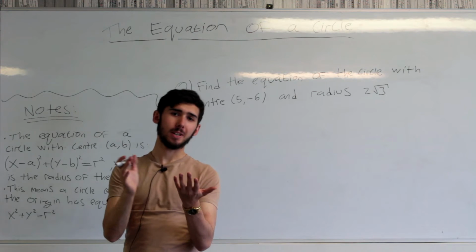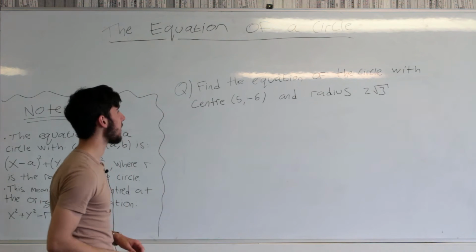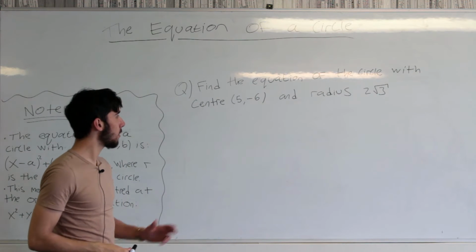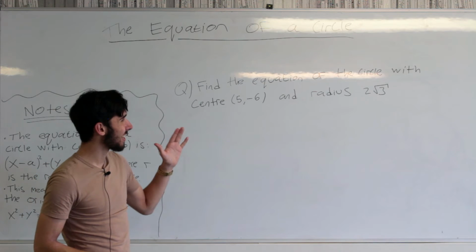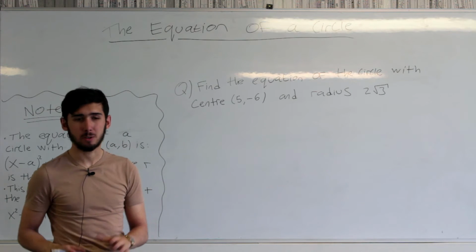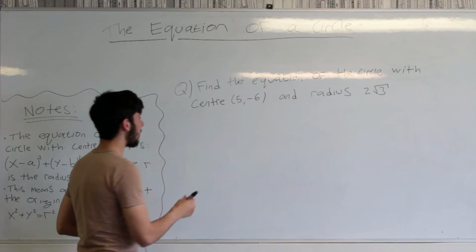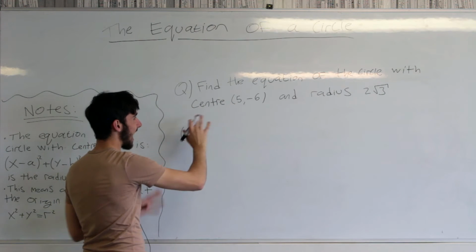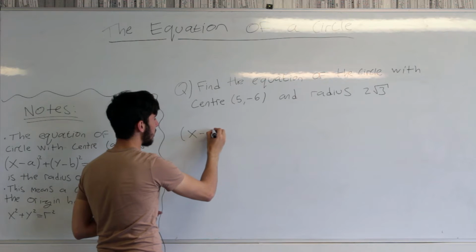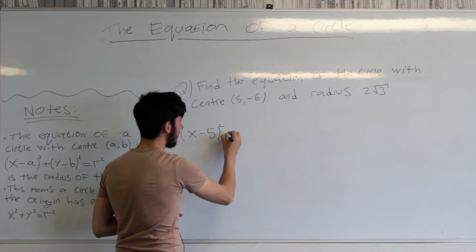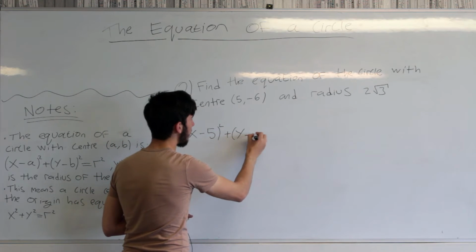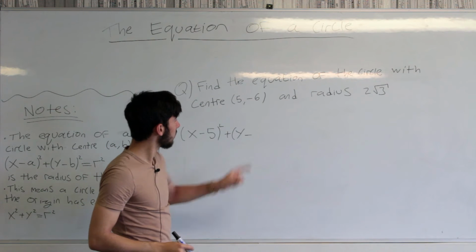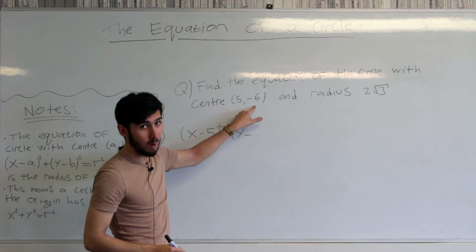Okay guys, so this is going to be a little bit harder, but I think we can still do it. We want to find the equation of the circle now with a center of (5, -6) and a radius of 2 root 3. Right, how do we do it? We just go straight in. So x minus the x coordinate of the center, which is 5, squared, plus y minus, careful, minus 6.